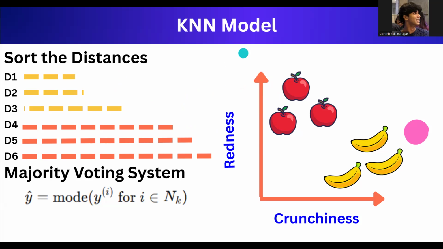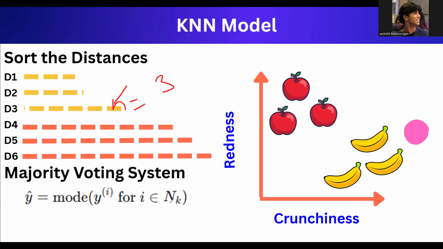So what we do here is we calculate the mode of a certain number of K values. K values are basically the number of data points we're looking at a time. In this case, let's say there are 6 data points here, and we're getting the mode for a K value of 3.